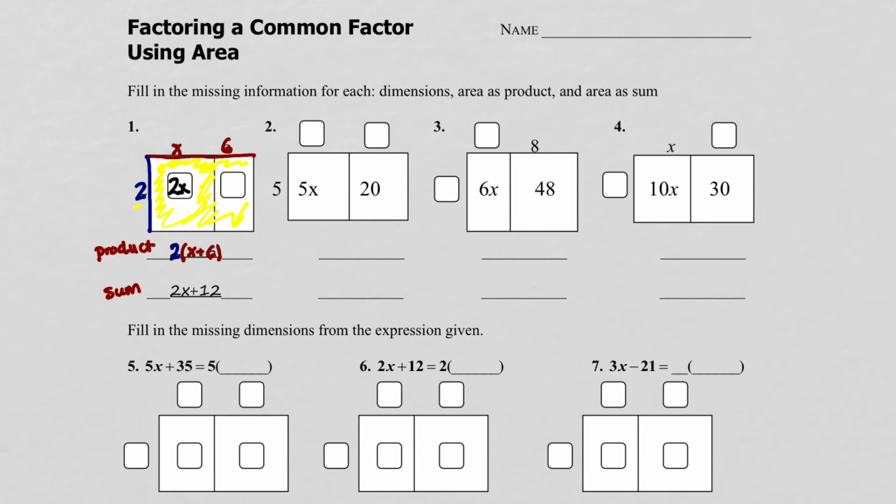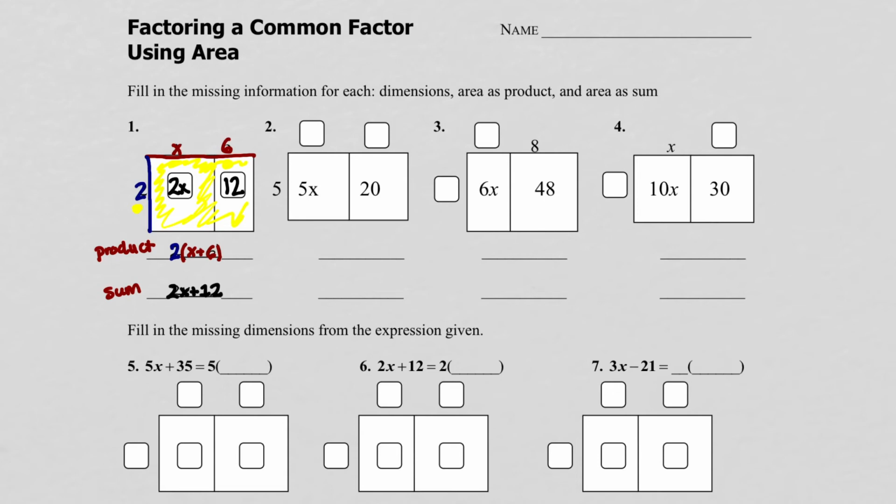And then here I've got my 2 times my 6. 2 times 6, well, that is 12. So my first rectangle gave me 2x, but I want the whole rectangle, so I need to add to that my 12, which is the area of my second one. Okay?